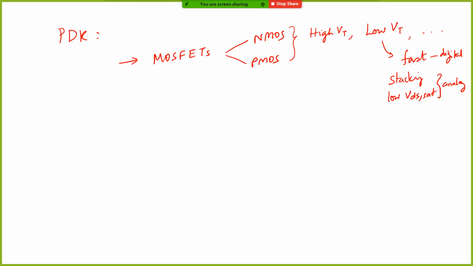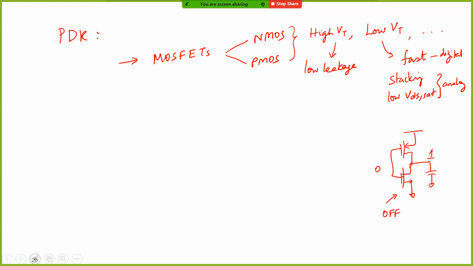On the other hand, why do you use high threshold voltage devices? It's because you want low leakage. Now, what is leakage current? Leakage current is something that you will be studying in digital VLSI. If you talk about an inverter, you have a PMOS and an NMOS, and this is your parasitic capacitance. Let's say the output is high and the input is low. The NMOS here is not supposed to conduct; it is supposed to be off.